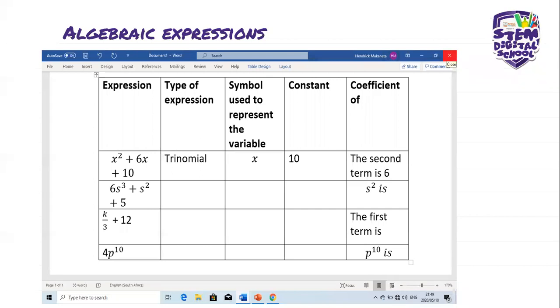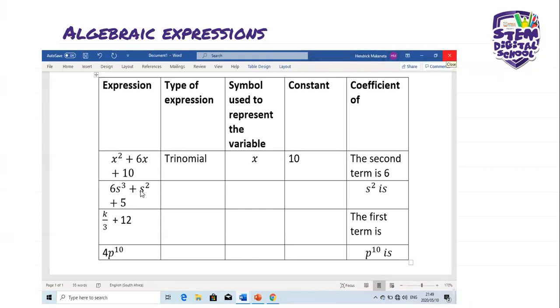Meaning that the number that is just next to s squared. What is that number? Sorry, sir. Which number? Do we have a number next to it? 6. Not s cubed. Yes, the first one. 6. Yeah, 6 is the coefficient of s to the power of 3, meaning s cubed.